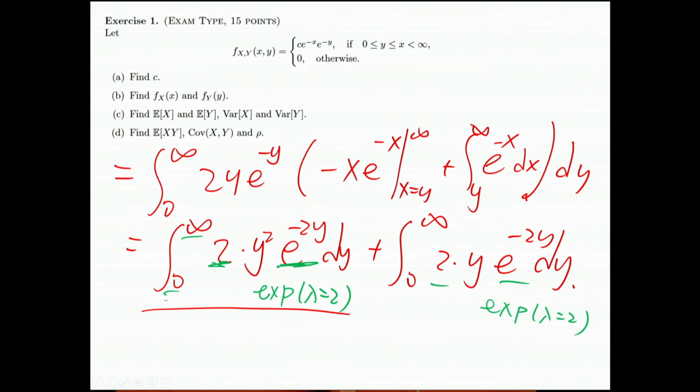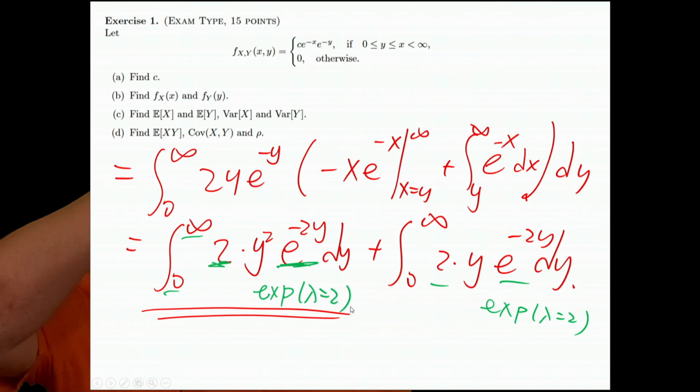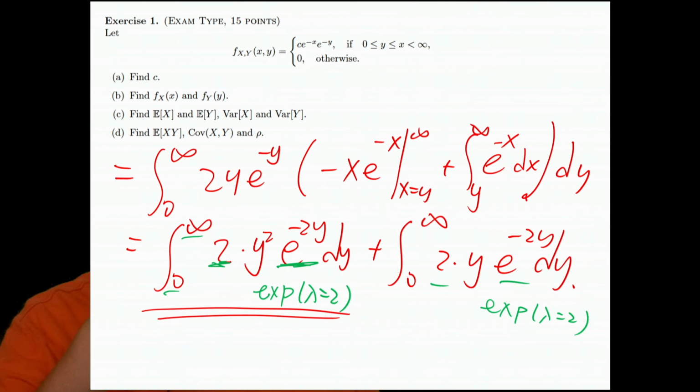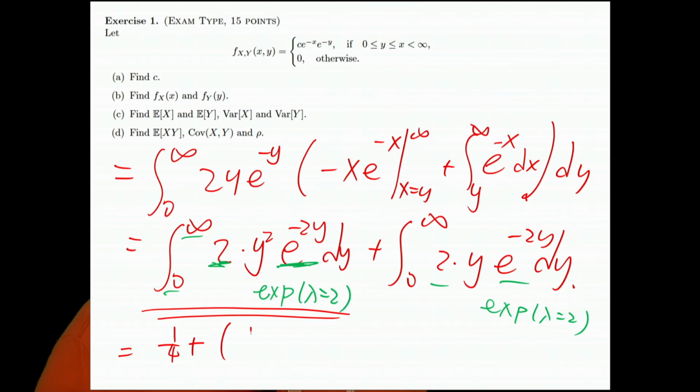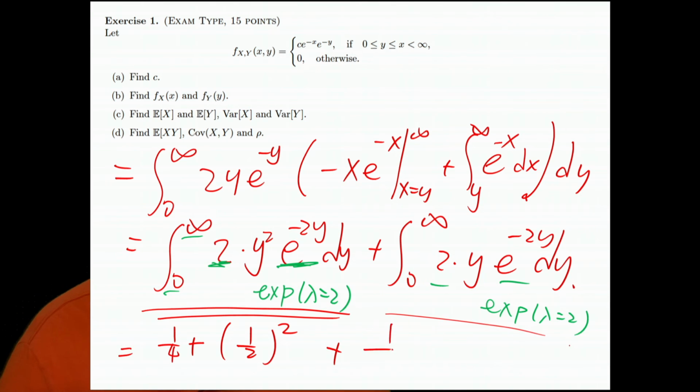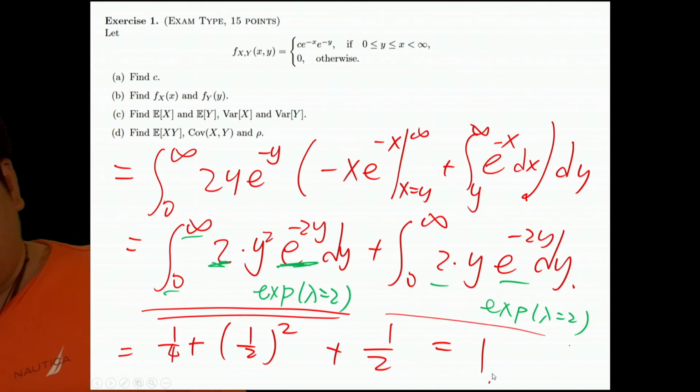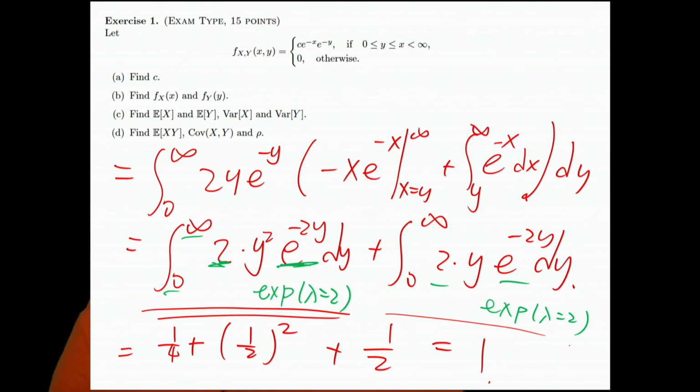So for this form, you want to find the expectation of the second moment, which is variance plus mean square. And here you just find the mean, so it's 1/2. Then you get 1. Quite faster, right?